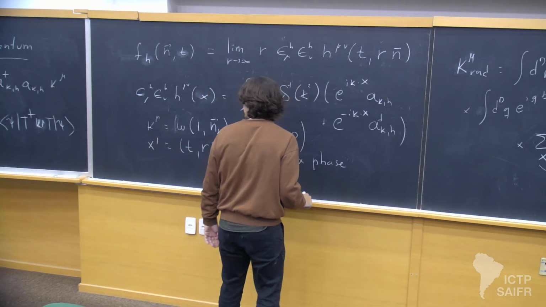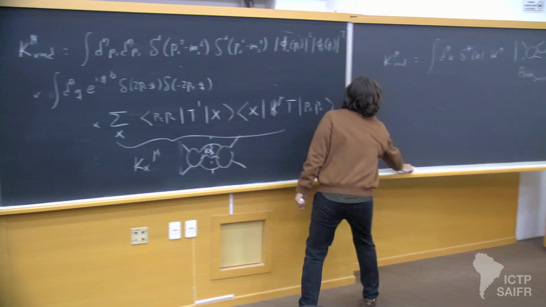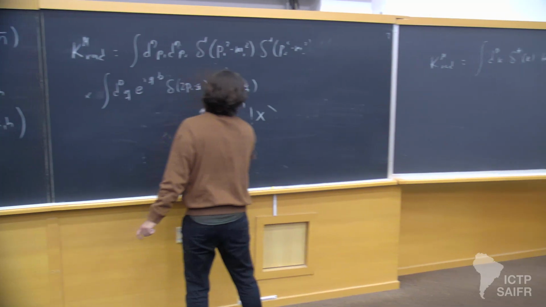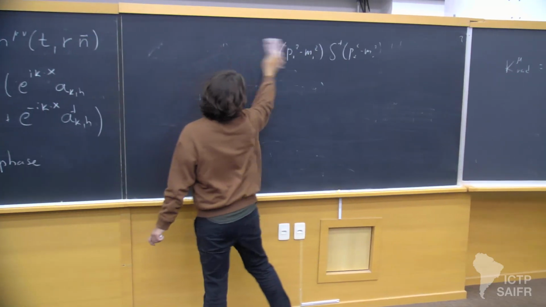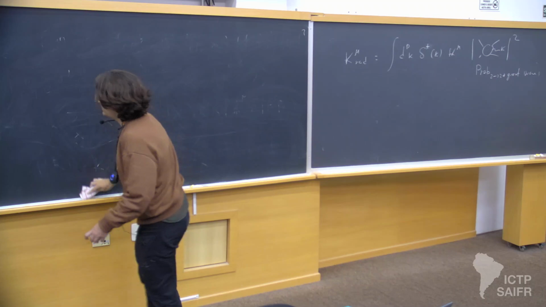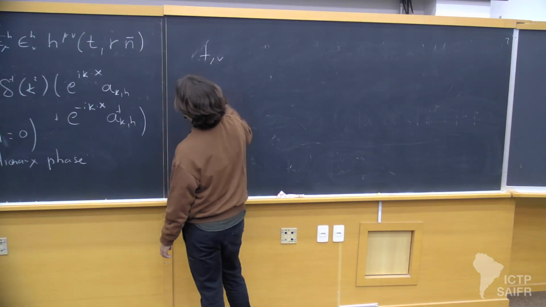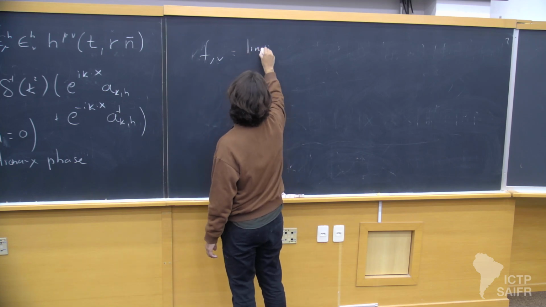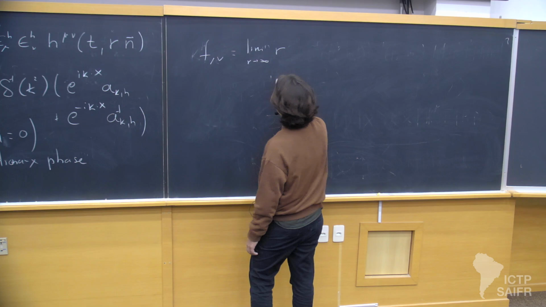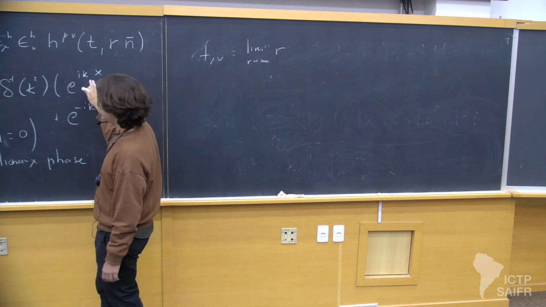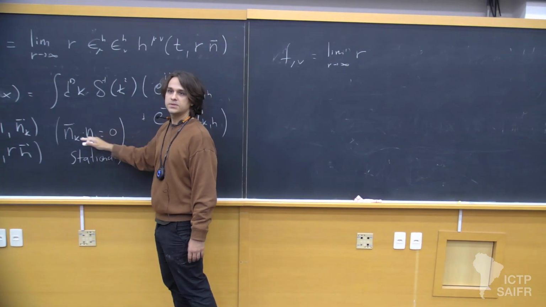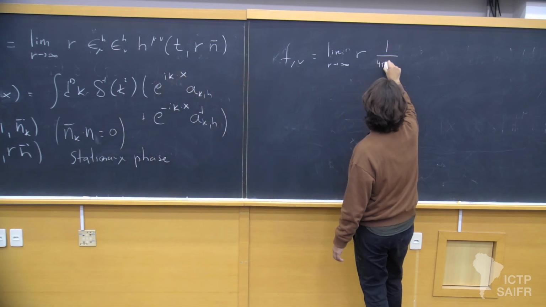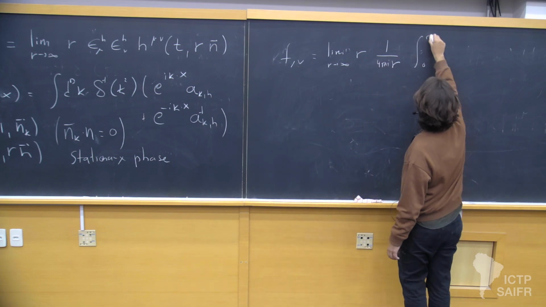So what one finds is that the right operator that computes this waveform is the following. I have this limit when r goes to infinity, r, and then the stationary phase, there's also some contribution from the fluctuations around this point, as usual, so just some kind of quote-unquote one-loop determinant, that gives me 1 over 4 pi i r, integral from 0 to infinity.